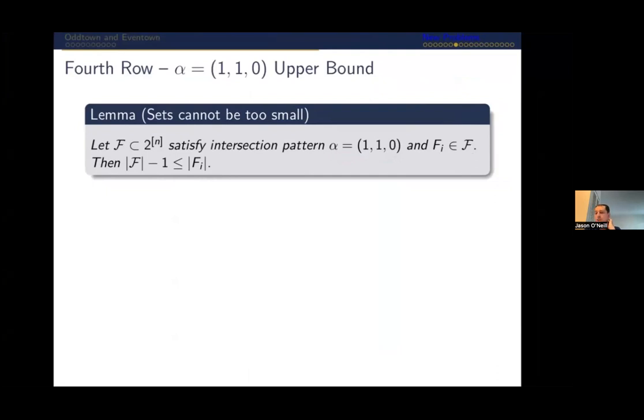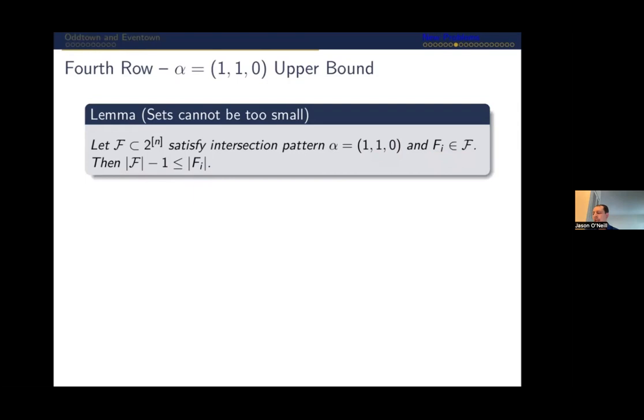Then I can take any set in the family, and do the same thing I did before, where I take all pairwise intersections with the special set from the family, and that's going to satisfy a 1-0 intersection pattern, which is the classical oddtown. So that says the new family is at most the size of the ground set, which is now my special set F.